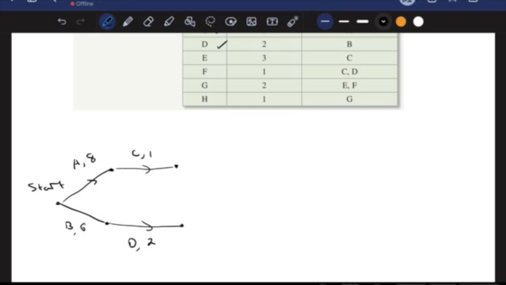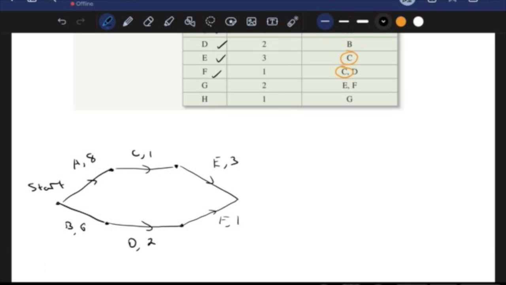Now, moving on, we have that E has an immediate predecessor of C. So going down here, I have E, and that takes how many? 3 days. And now we pause and we see this discrepancy again. So we have a common activity and a common immediate predecessor of C, but with F, it also has an immediate predecessor of D. So I'm going to make it go out from D. So F, and I'm going to write 1.